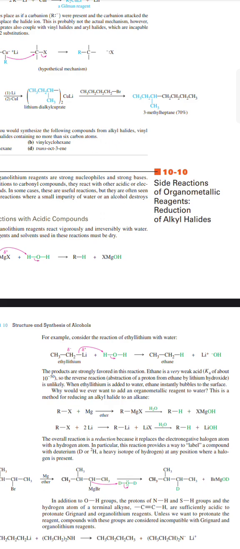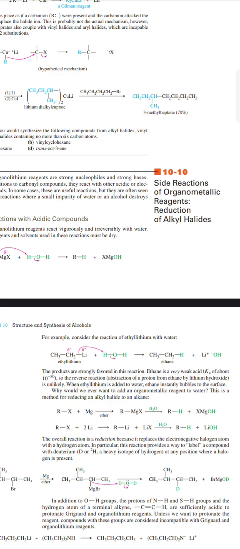Ethane is a very weak acid, Ka is about 10 to the power minus 50. So the reverse reaction, that is abstraction of a proton from ethane by lithium hydroxide, is unlikely. When ethyl lithium is added to water, ethane instantly bubbles to the surface. Why should we ever want to add an organolithium or organometallic reagent to water?